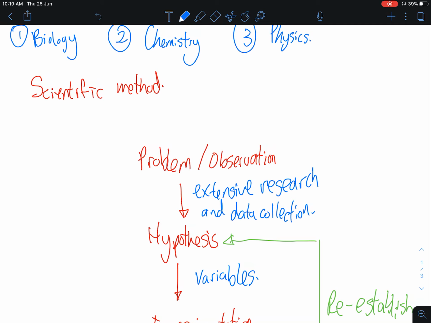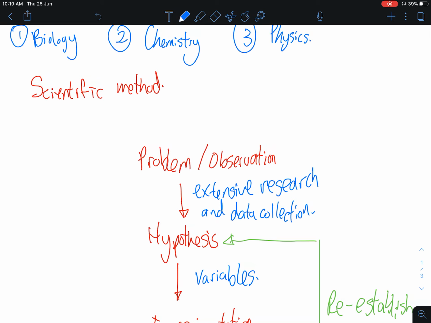Through this observation, you will ask yourself which is better, depending on whether you want to grow the darker shade. The second thing you can ask yourself is, does it help the plant to grow better, grow taller? So these are some examples of observations or problems that can slowly formulate into short hypotheses.